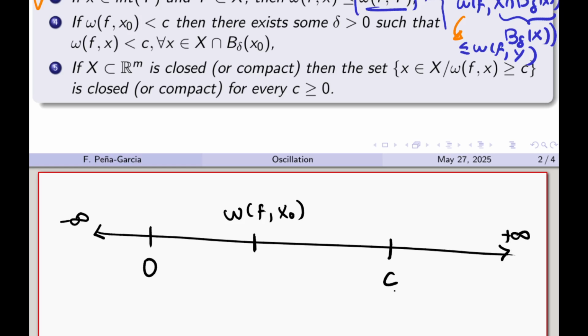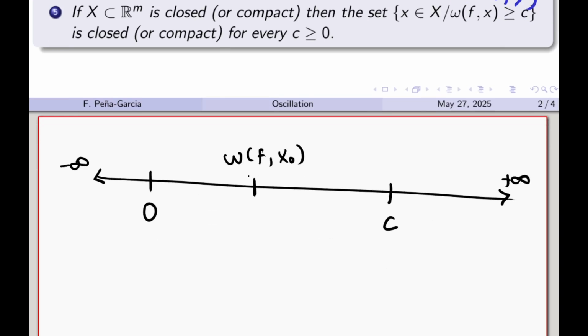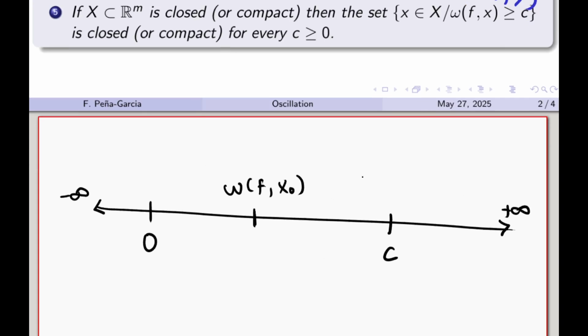And so we want to find some neighborhood of x naught such that any punctual oscillation is still smaller than c. So let's go by definition. This oscillation is the infimum of these oscillations here.